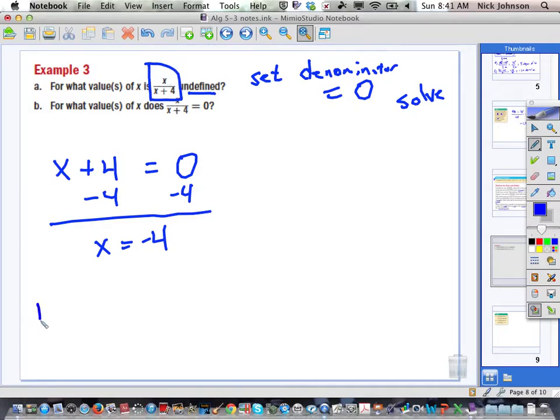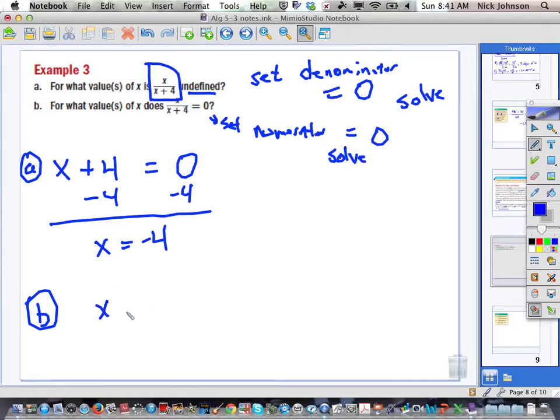So let's look at B. For what values of x does x divided by x plus 4 equal 0? Well, when you want it to equal 0, set the numerator equal to 0 and solve. So in this case, my numerator is x. I set it equal to 0.